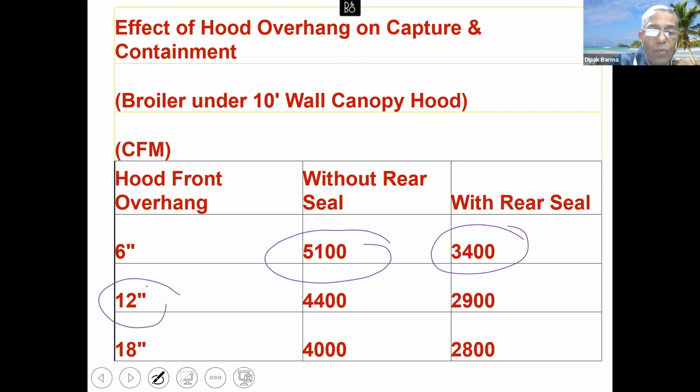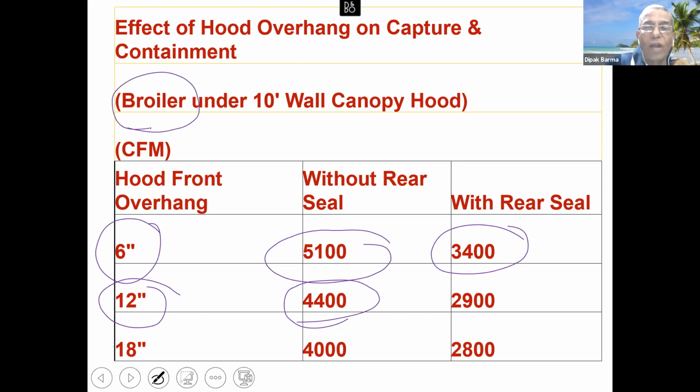Whereas with a higher front overhang, again we need lesser airflow requirement. So depending on whether you want to reduce your airflow or whether you want to have a lesser overhang, you have to decide and work out on the basis of these airflow requirements. This is of course for a broiler. You could have different CFM requirements for different areas, which can be taken into account.